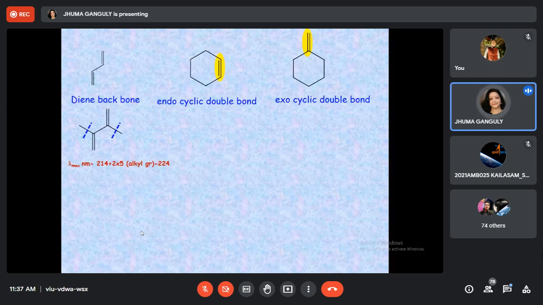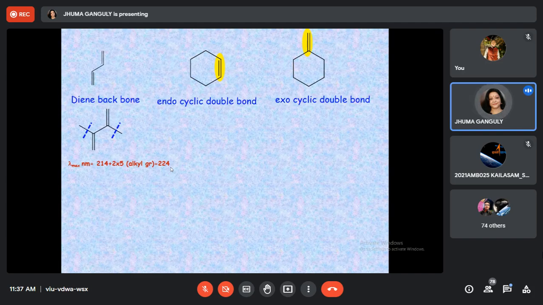If you want, I can go back to the previous slide. There is a mention that for each addition of methyl group, alkyl group, you have to add plus 5. So for acyclic and heteroannular diene, the base value is 214 for calculation of the lambda max, and then 2 into 5, so 224 is the lambda max value.